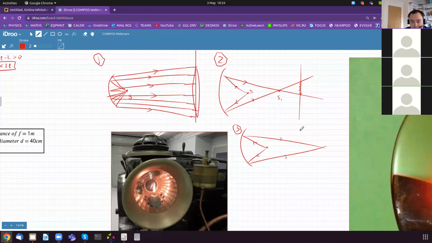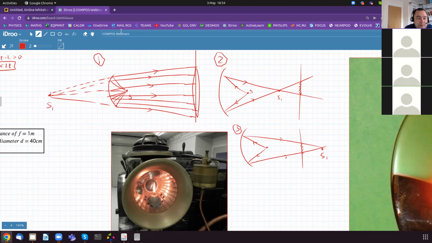But anyways, the screen is placed here, and there's a bright spot. In this case, the image is here, S1. So 3 possibilities. And in the first one, the image is here, S1, and in this case, this is a virtual image.